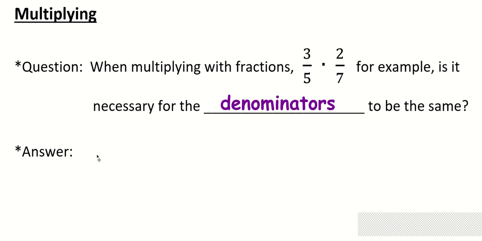The answer is no. I'm going to have to get up here. Hopefully you can still hear me from like 6 feet away. So no, the denominators do not need to match.